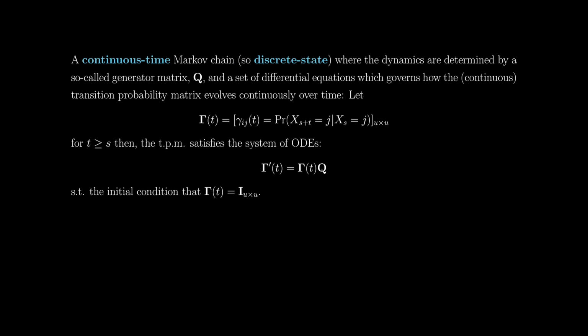An example of a continuous time discrete state process would be a continuous time Markov chain, where the dynamics are determined by a so-called generator matrix and a set of differential equations, which governs how the transition probability matrix evolves continuously over time. So essentially a continuous time counterpart to what I mentioned before.